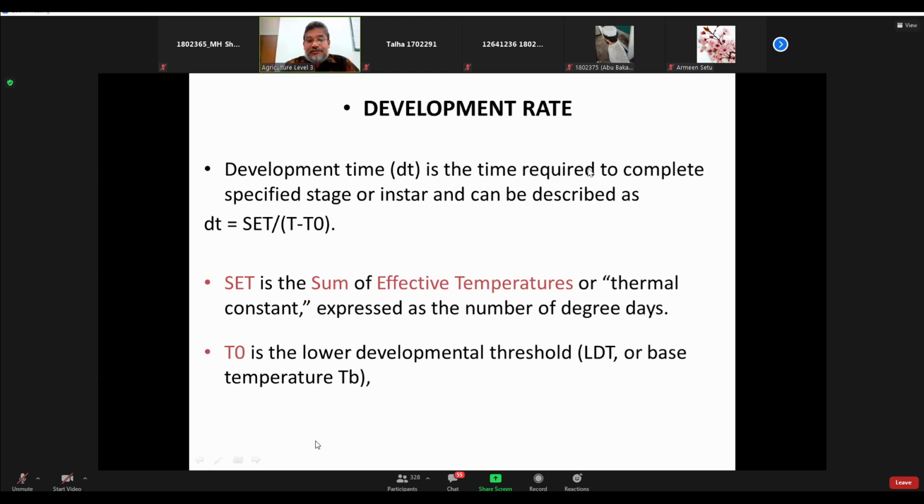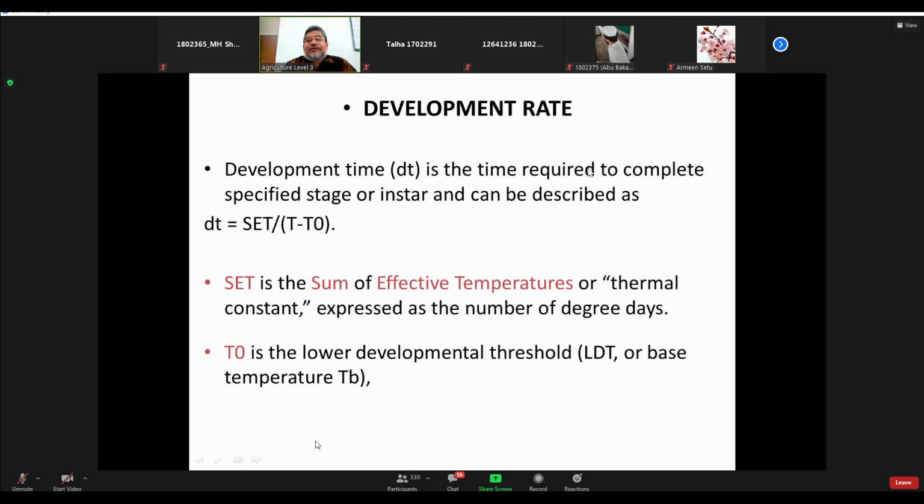If a human takes 18 years, then how much development happened in one day? That is the developmental rate. To complete its development, it takes 18 years. So what is the developmental rate? We can say total development took 18 years.